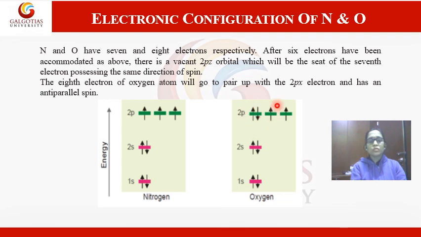So here you will also find 2 unpaired electrons. That means we write the electronic configuration in such a way that there will be the maximum number of unpaired electrons. This satisfies Hund's rule of minimum pairing and maximum multiplicity.